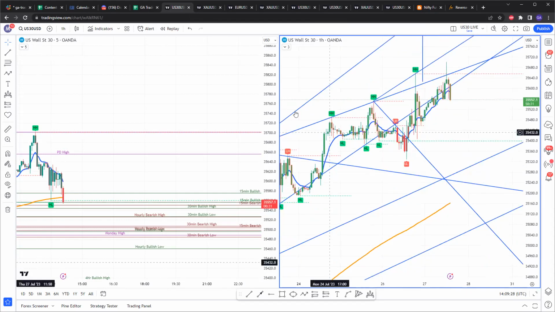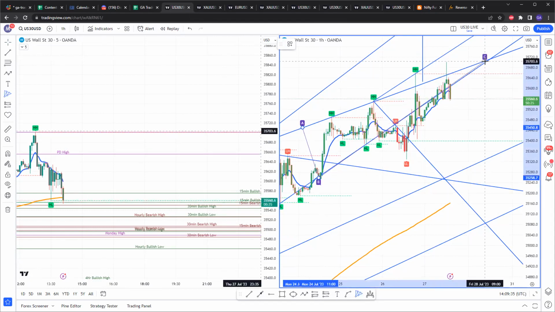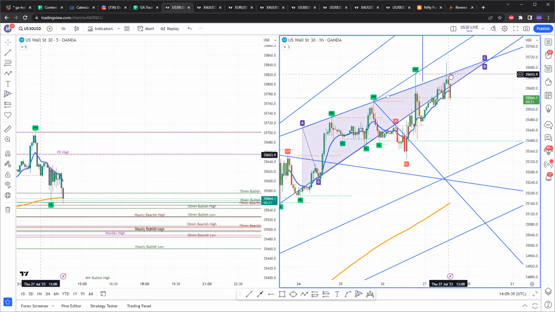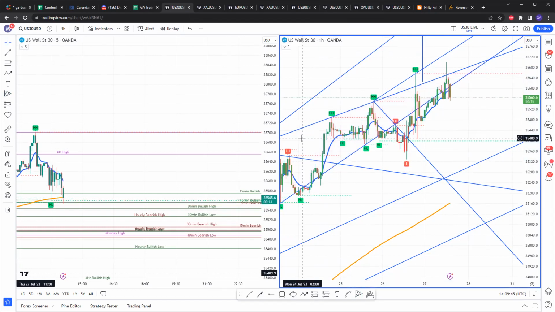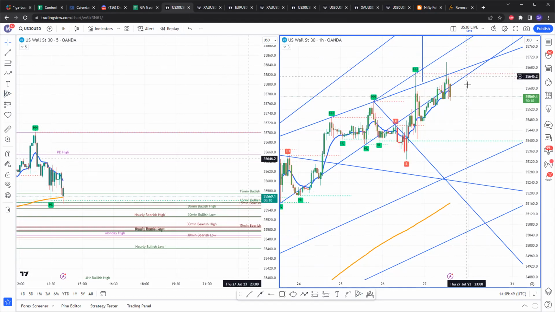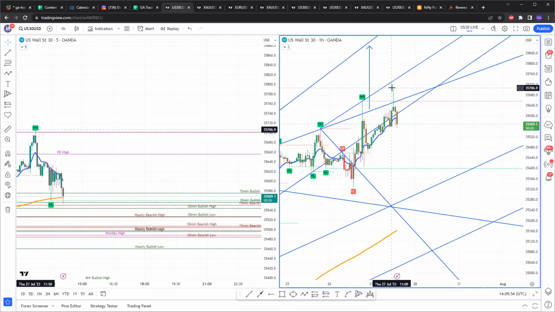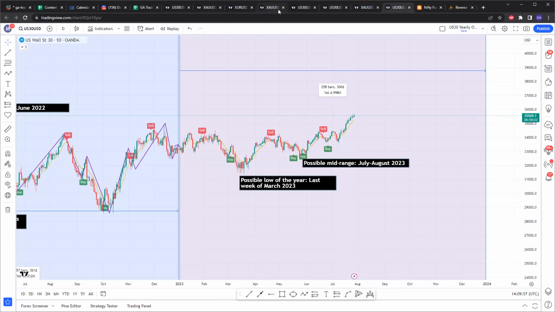And here you can see we have a rising wedge pattern, after which you'd expect a break back down. Again, I don't trade the wedges, I haven't traded them before, but I can tell this is a rising wedge pattern. And after a rising wedge pattern, you expect a breakdown to the downside. So maybe this is the current high of the year for US 30. Who knows, right? Maybe this is the current high.